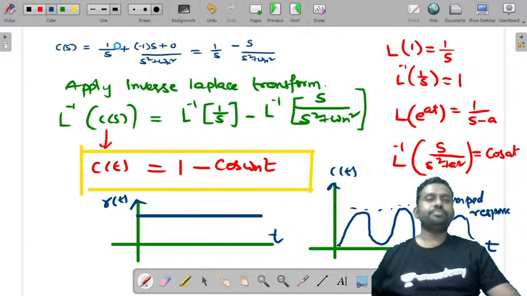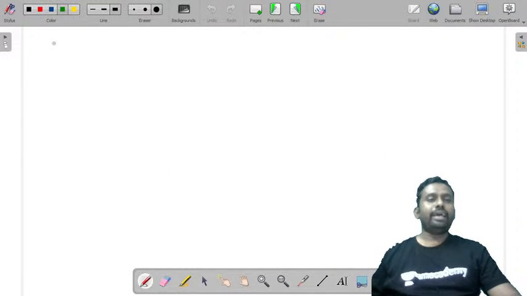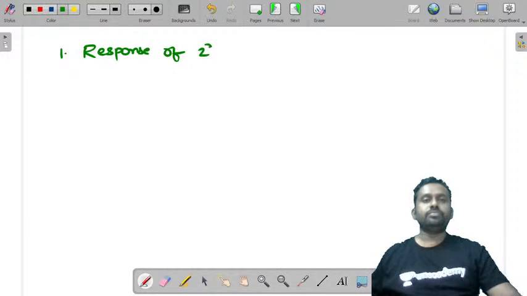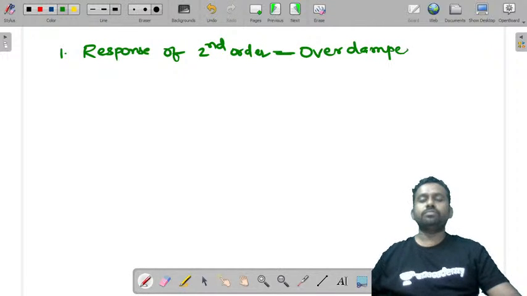Similarly, you can apply the same procedure and find the response of a second order system for an overdamped system and step input, or any input that for that matter of consideration.